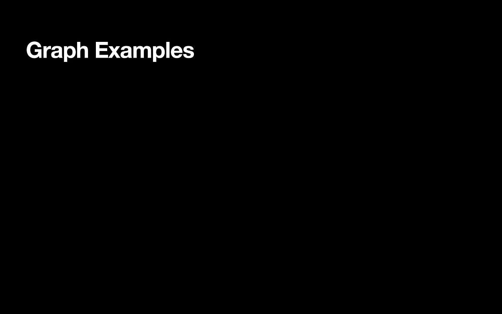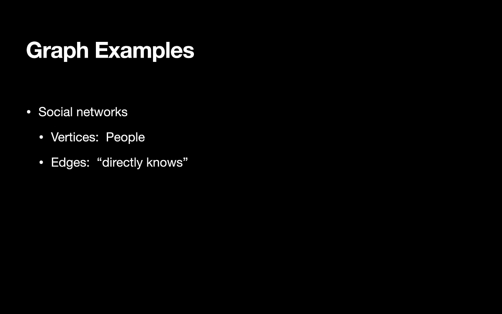Okay, so I wanted to review some examples in a little bit more detail. We've already looked at this idea of social networks. The vertices in my particular example were people. The edges were some relation like works with or directly knows. They indicate a direct connection between two people. It was an undirected graph. We didn't have any sorts of weights on those edges.